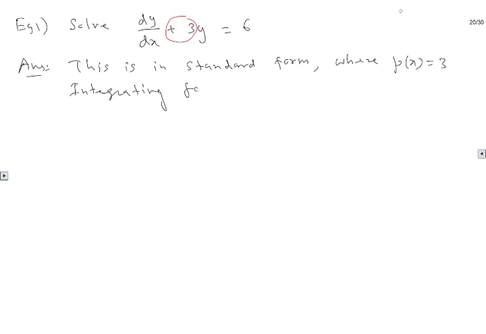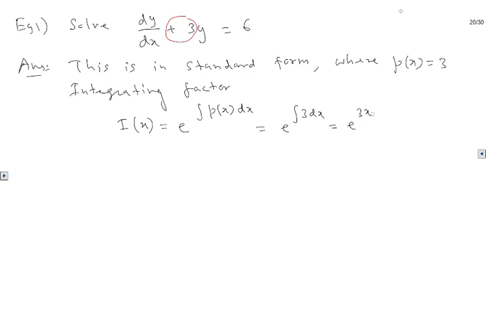Now the integrating factor I(x) equals e to the integral of P(x) dx. It's always a good idea to write the formula. P(x) is 3, so the integral of 3 dx gives e to the 3x. I told you we do not add the C in this case.